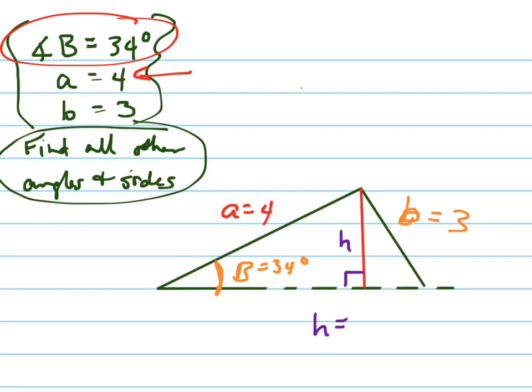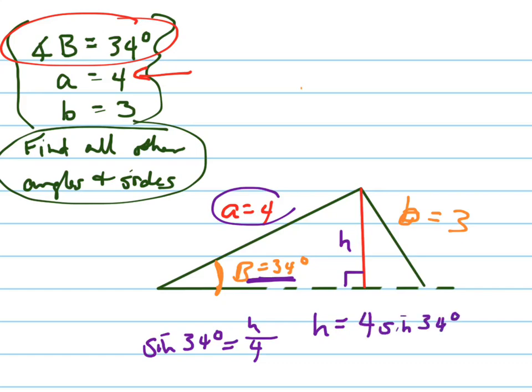H equals, let's think about what H equals. Well, notice that I have an angle here, and now I have a right triangle. So I can use right triangle trig, and that's the opposite. So the sine of 34 degrees equals the opposite, which is H, over the hypotenuse, which is 4. So what does H equal? 4 times the sine of 34 degrees.